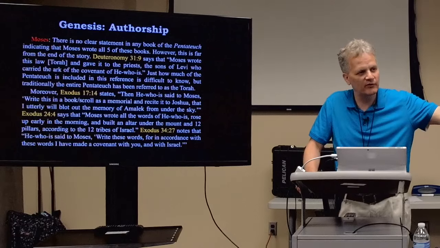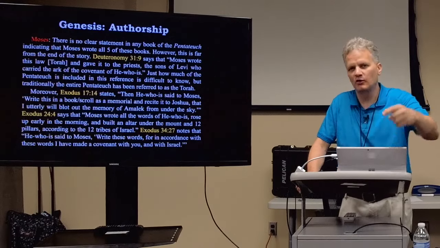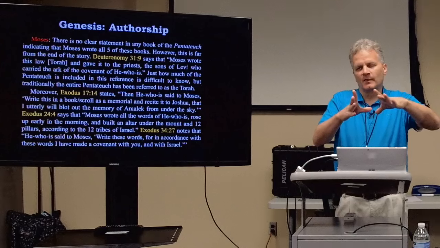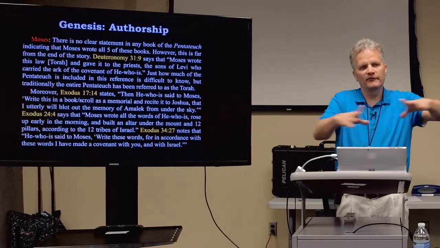And probably this is referring to a papyrus scroll that you could have in a long form, and it's laminated together, and then it can be rolled up into a scroll when it's complete.